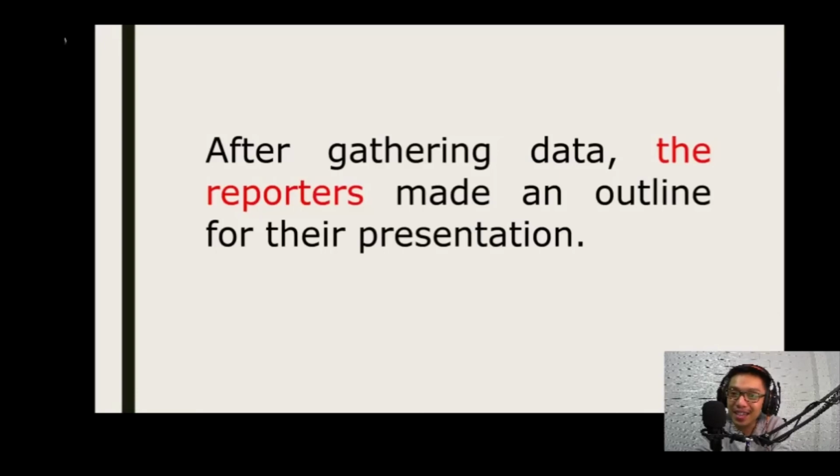So in that case, we now have a complete thought in this sentence. If you don't like reporters, then you can think of other people who can also gather data, as long as you're able to complete the thought of the sentence.